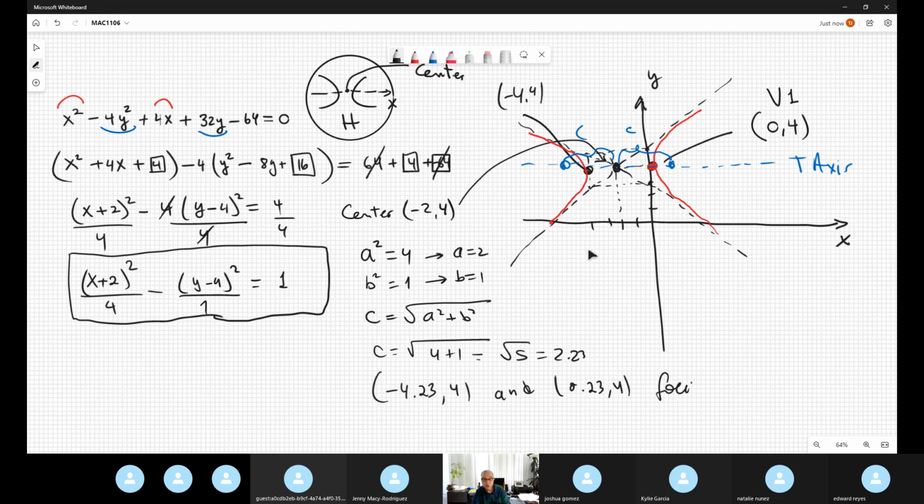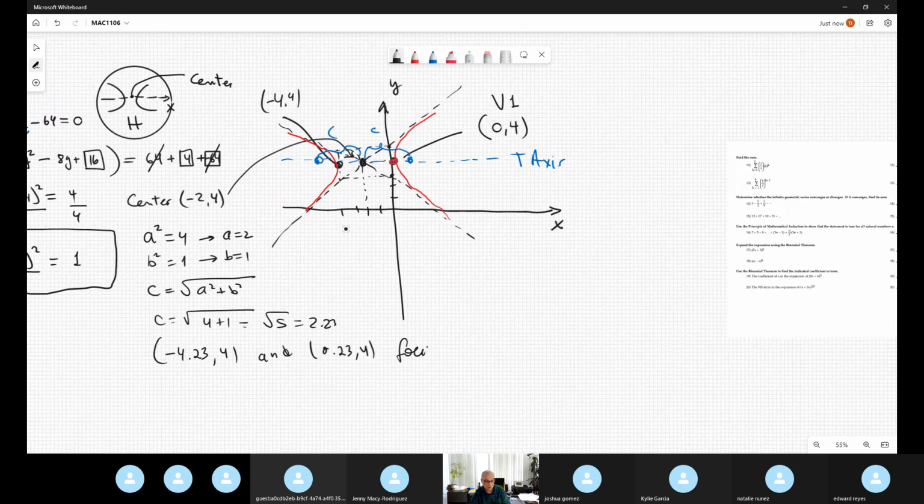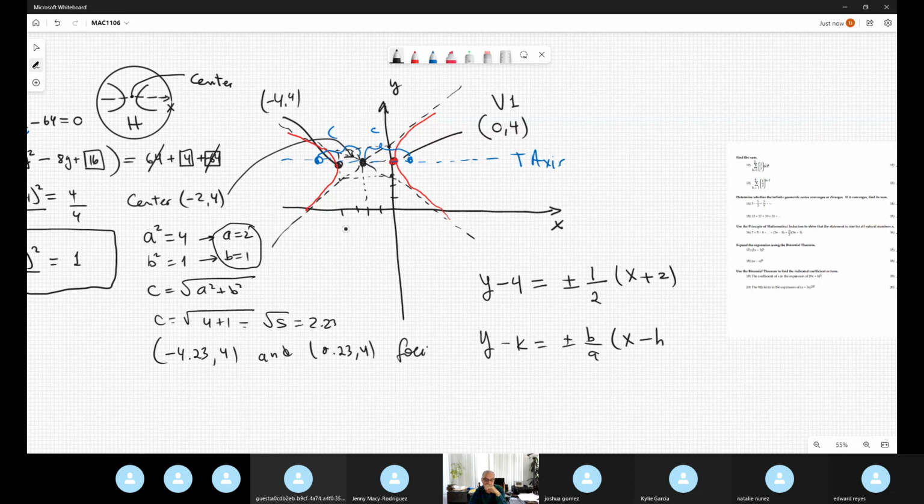And the equations for the asymptotes, these lines, is y minus 4 is equal to plus or minus b over a, which is 1/2. Look, 1 divided by 2, times x plus 2. Remember, the formula for the asymptote is y minus k equals plus or minus b over a times x minus h.